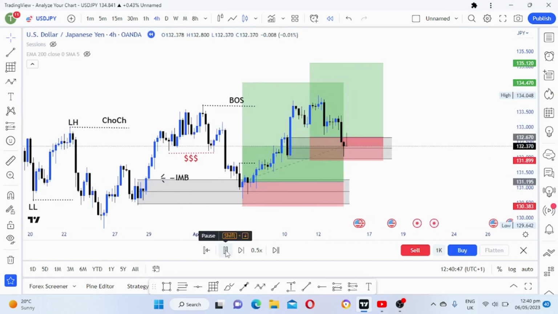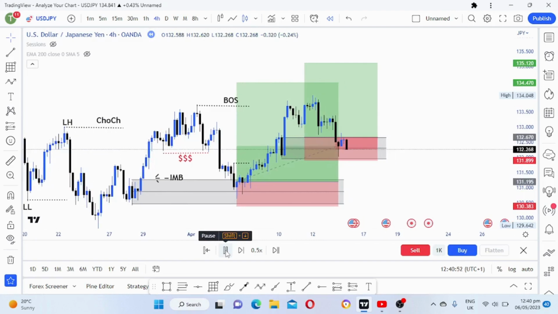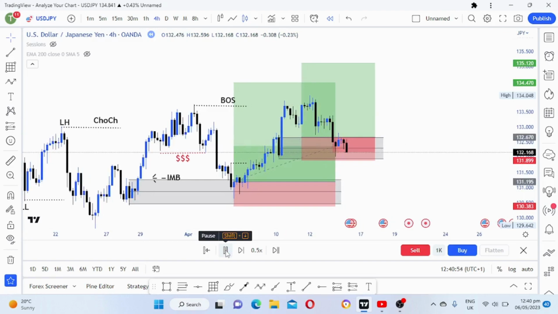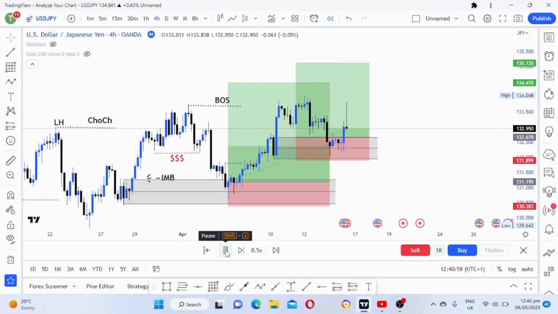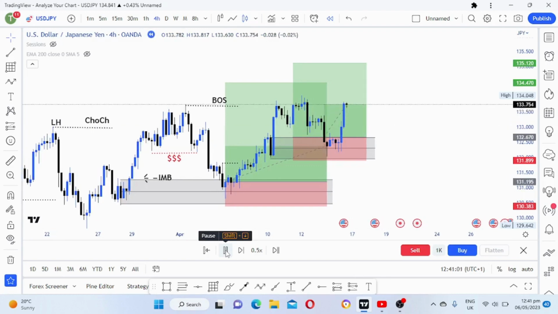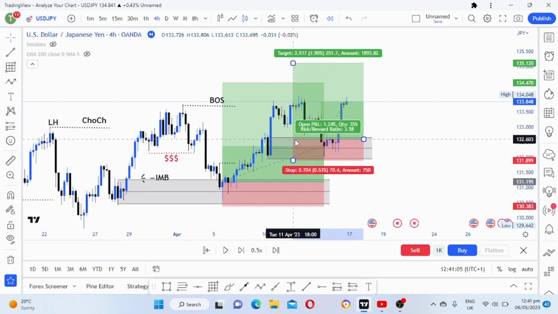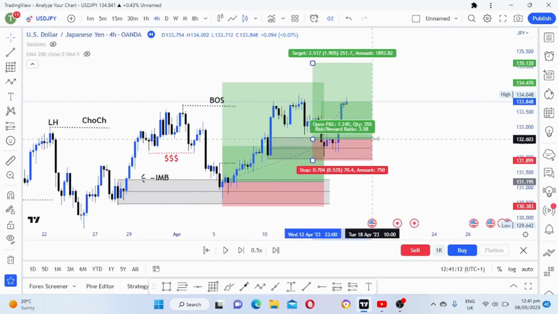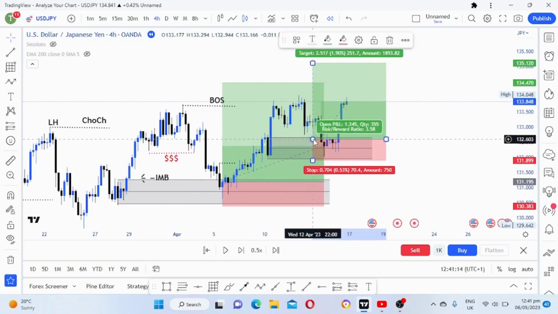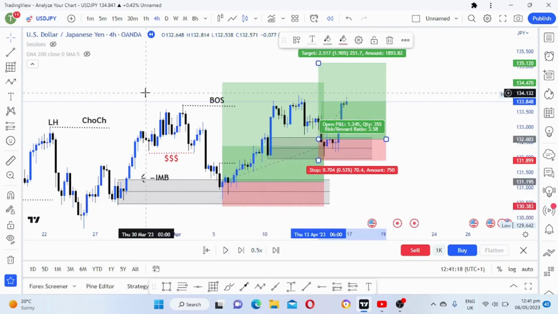We are triggered in the trade. We are in the trade, guys, as you can see. So here, there was only one zone which we should look at.